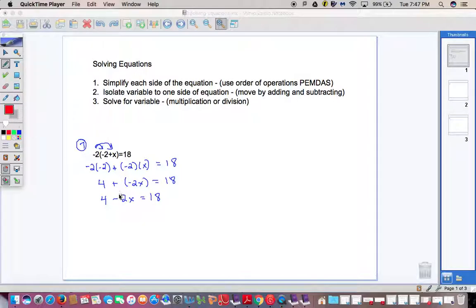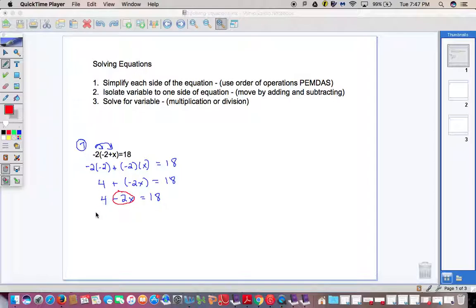So if I circle my variable term here, I can see that I have a 4 on the same side of my equation. And I need to move that 4 from the left side of my equation to the right side of my equation. And I do that by using the inverse operation. So currently, this 4 is a positive 4.